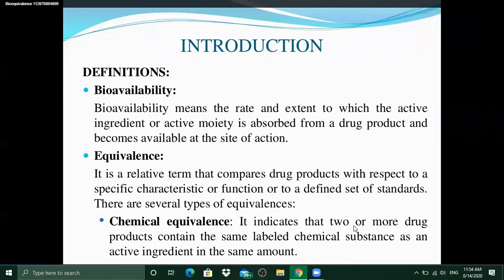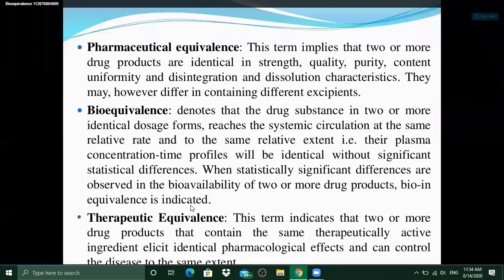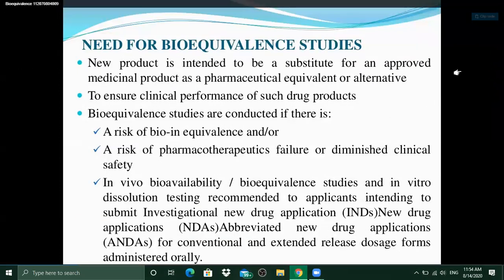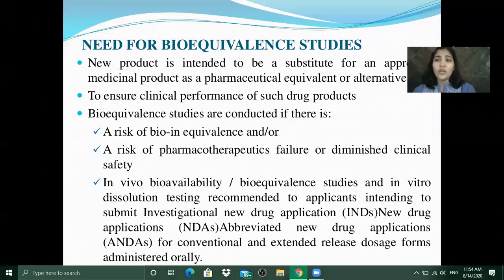So the next thing that we have is the need of bioequivalence studies. Let me clear one thing: bioavailability is determined only when you have the plasma sample or urine sample with you.